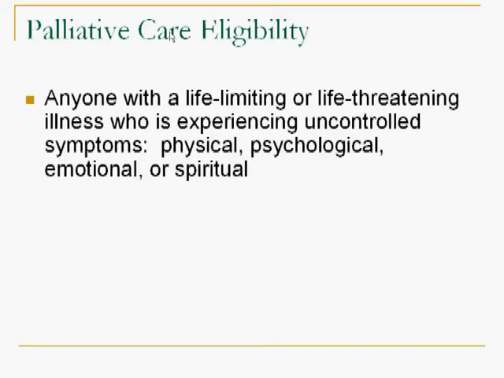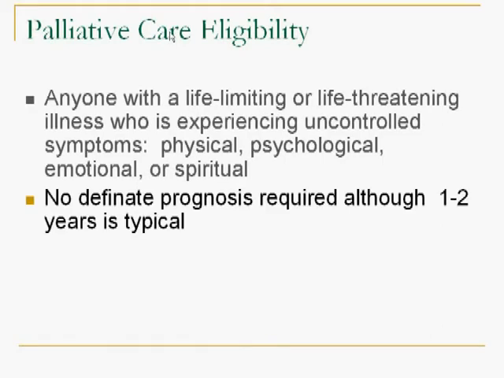The bar is intentionally set low for who should benefit from a consult, but unfortunately there's a lot of perception that the bar is very high. So we probably don't begin to see as many people as we should. No particular prognosis is required, although typically we're seeing people in the last couple, three years of their lives.